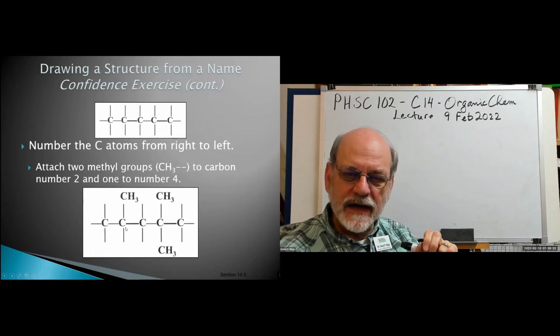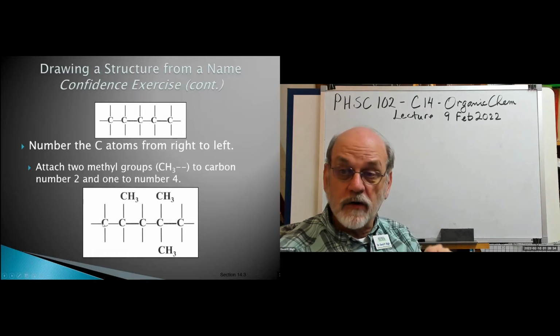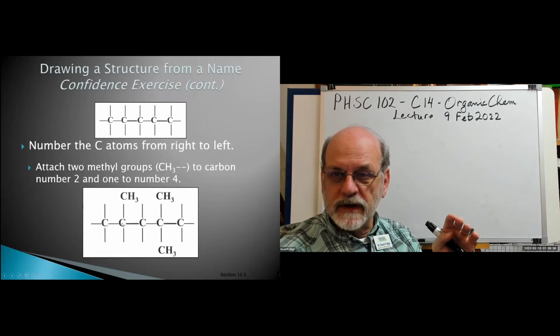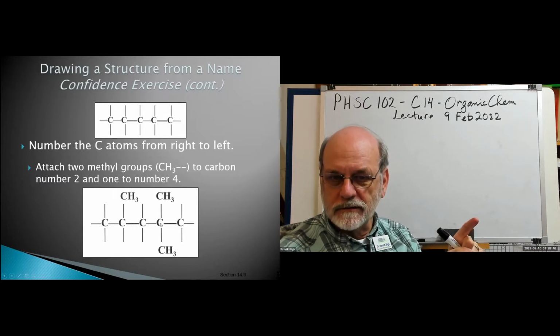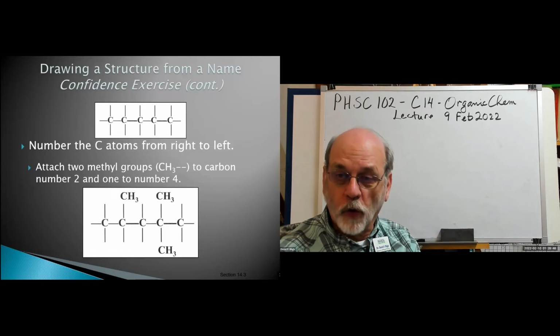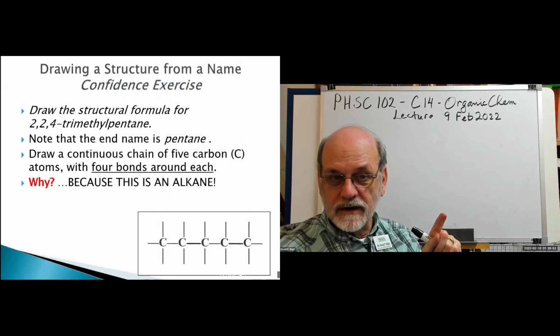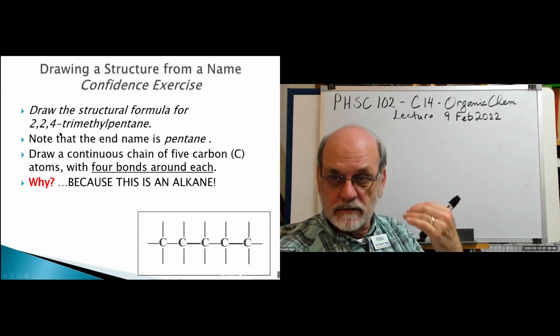Now, why didn't we start numbering from the other end? Say 1, 2. So that would be 2, 4, 4 trimethyl. The reason is 2, 2, 4 is a smaller group.